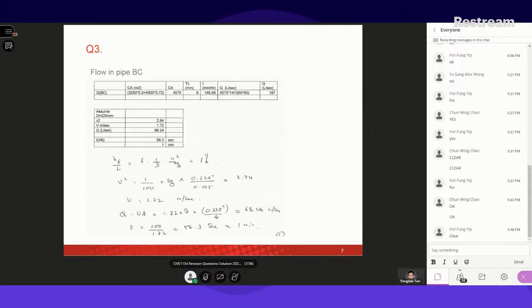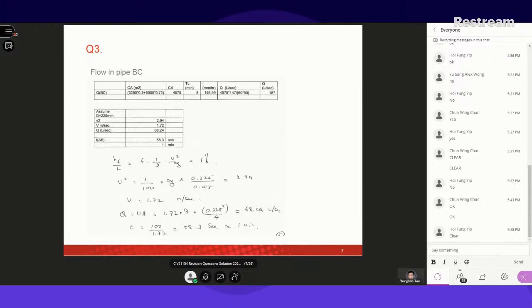When you calculate the downstream pit, downstream pipes, you need to change the time of concentration, because the time of concentration will include the pipe time, the flow time in the upstream pipes.